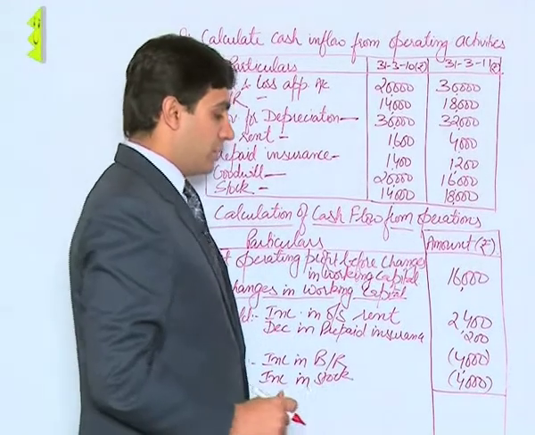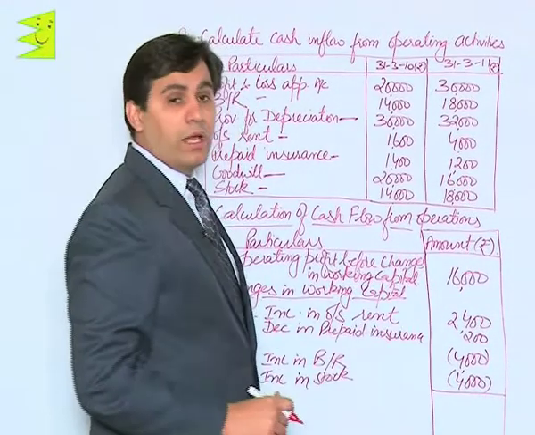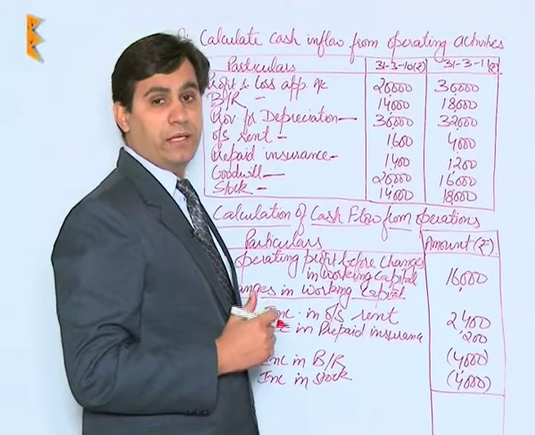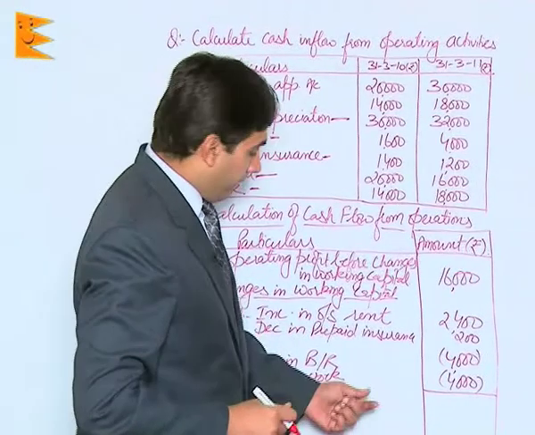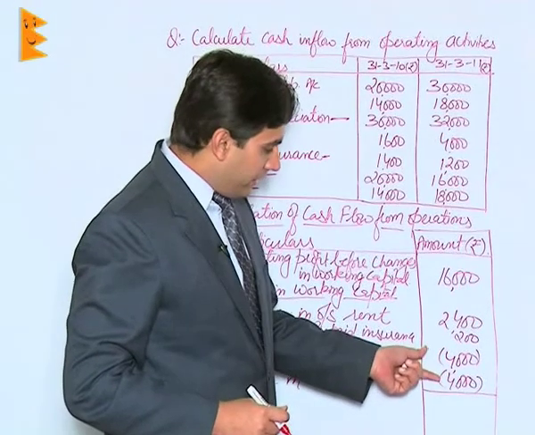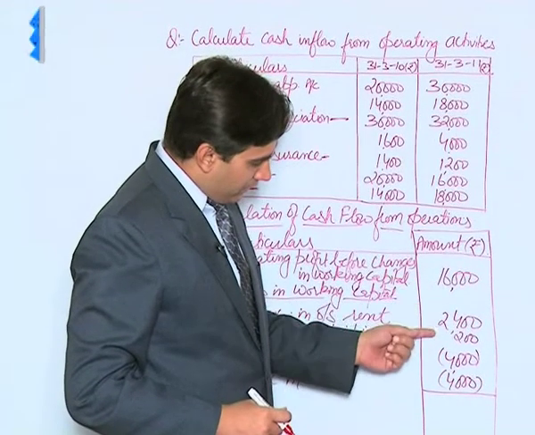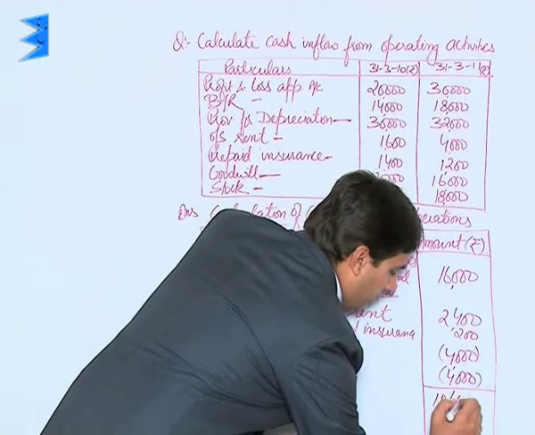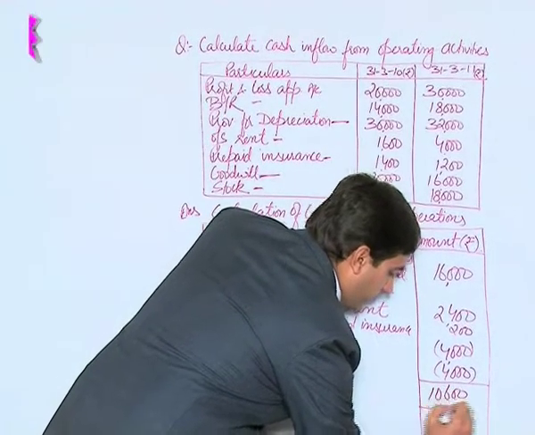So now students, let us total this out and find out the amount of cash inflow from operating activities. 8,000 would be deducted, that would be 10,600.